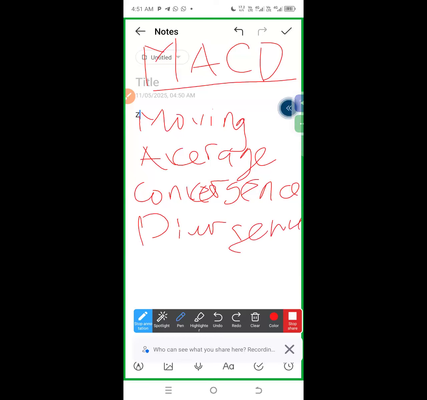I'm just going to take time to explain the important things that we need in this session, which can build us and help us understand this lesson. I'm not going to complicate this session.